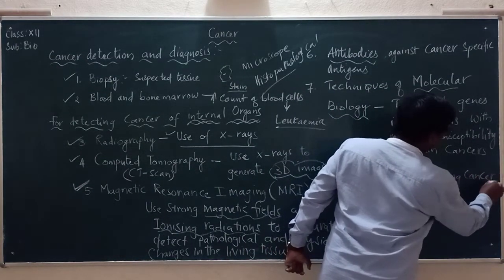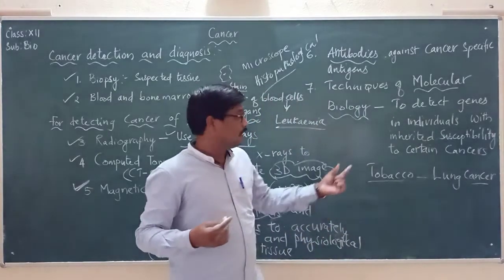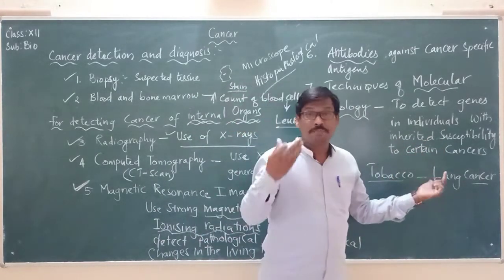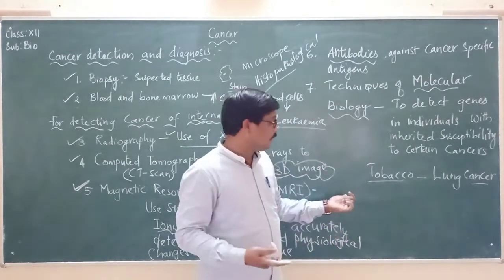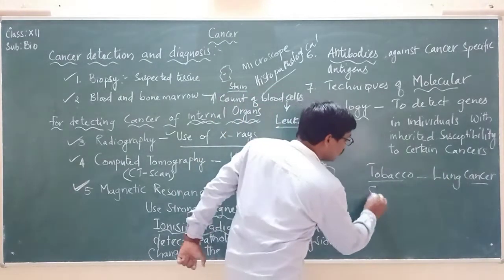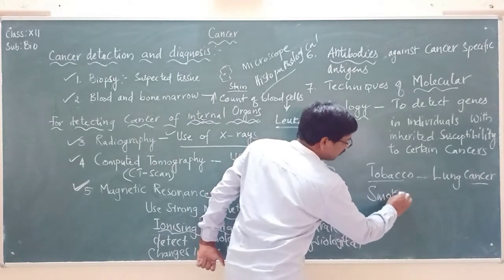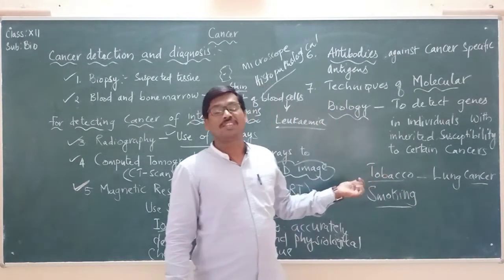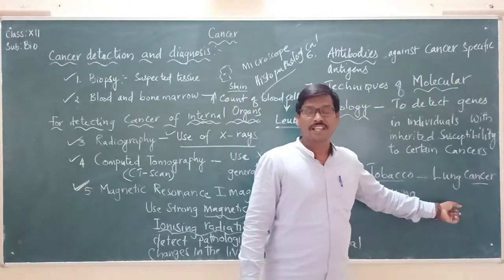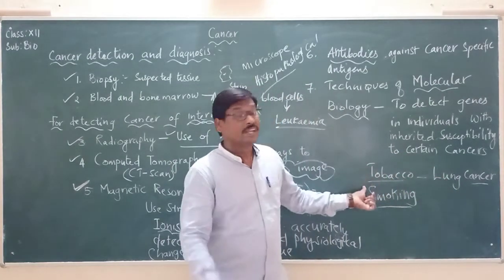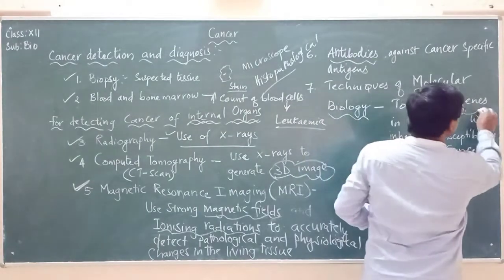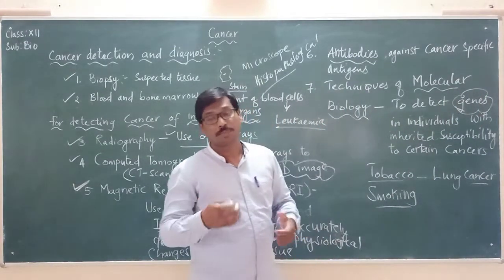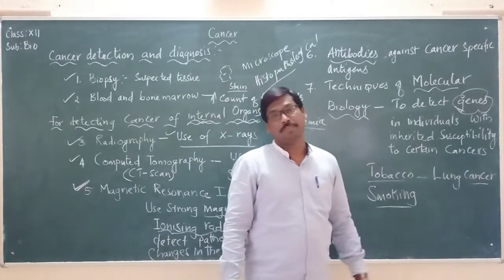So those people who are suspected that they may suffer with cancer will be advised not to go for smoking, because the chemicals in the tobacco stimulate the genes present in the body and lead to cancer. That's why they counsel those people.